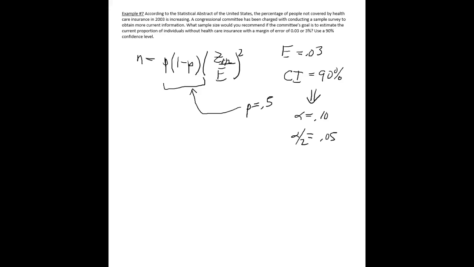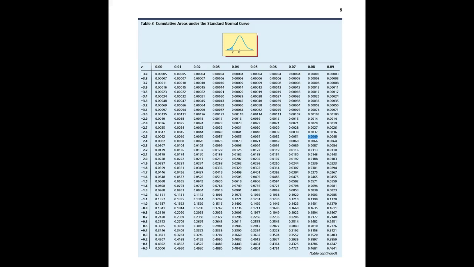Okay, so we're going to look at the formula. We have an e, a margin of error. Now we've created a p that we're going to use, and z alpha half, which we can go find. So z alpha half, or z of 0.05, is equal to what? Let's look at our z table. We're just looking for 0.05. We passed it down here.